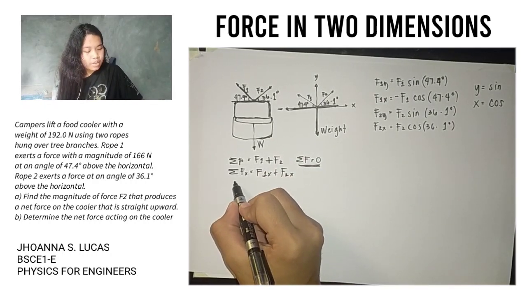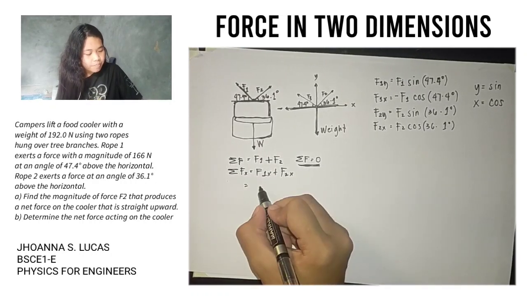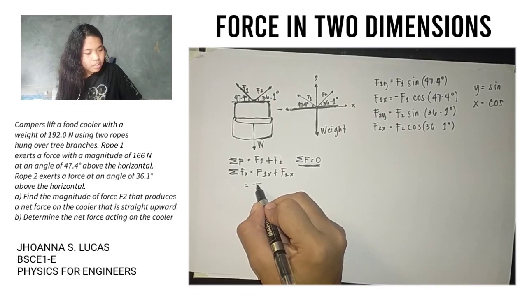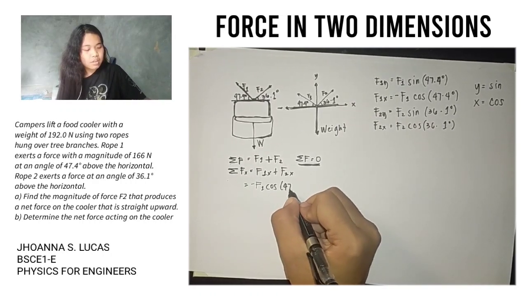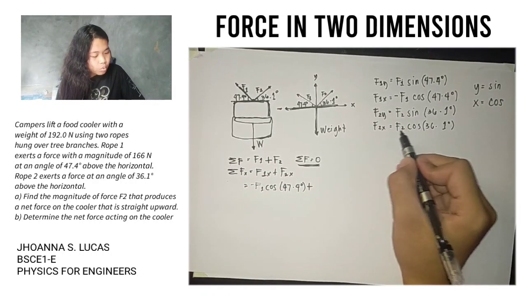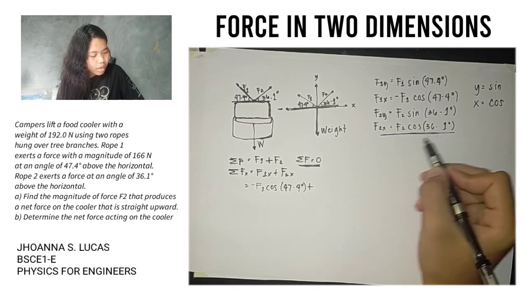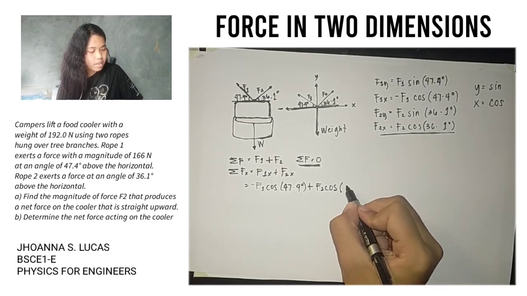F sub 1x is equal to negative F sub 1 cosine of 47.4 degrees plus our F sub 2x, which is F sub 2 times cosine of 36.1 degrees.